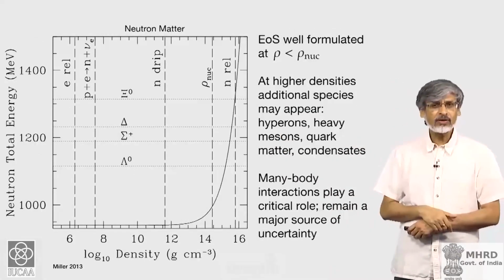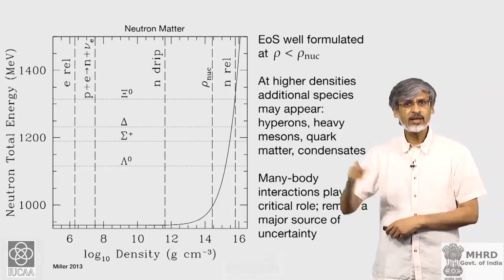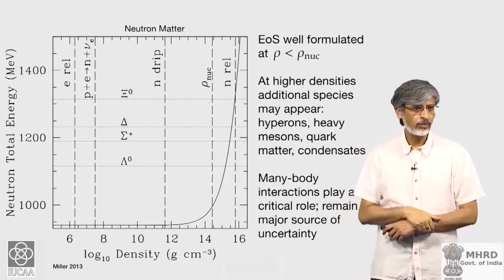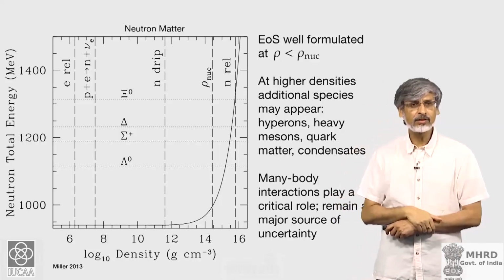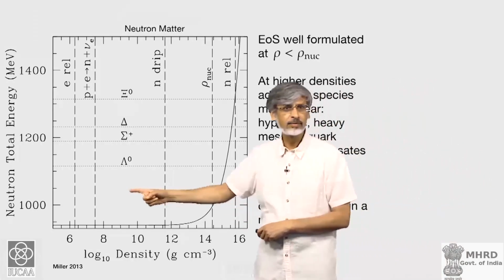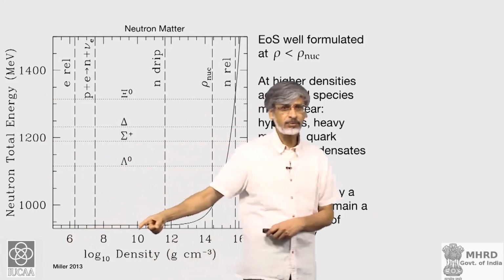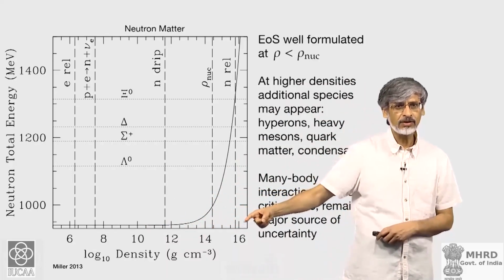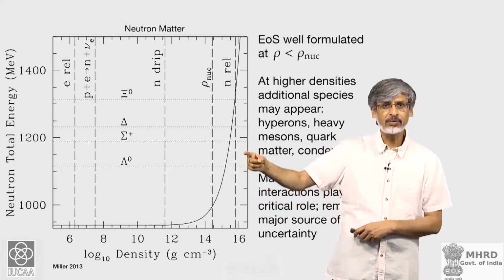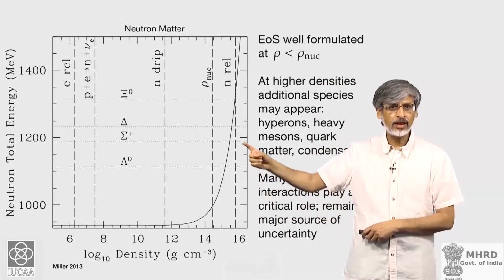So, what do we know about neutron stars? At least what we can conclude reasonably well is that at densities below nuclear density, the equation of state is pretty well formulated. So, there is not much uncertainty or dispute at that point. Now, if you look at the neutron total energy in MeV as a function of the density, which is in the horizontal axis, then as you approach nuclear density and go above, one can see that the neutron total energy rises rapidly.